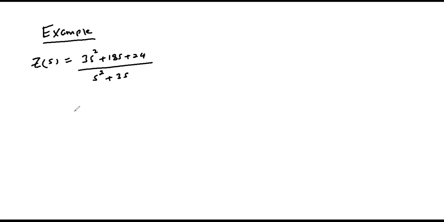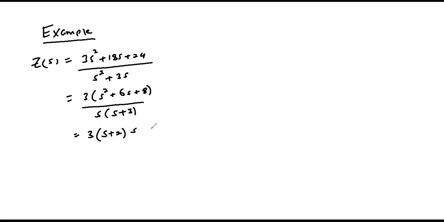We need to determine the poles and zeros, and we can write this as 3(s² + 6s + 8) divided by s(s + 3), which you can also write as 3(s + 2)(s + 4) divided by s(s + 3), since the factors of the numerator are 2 and 4.